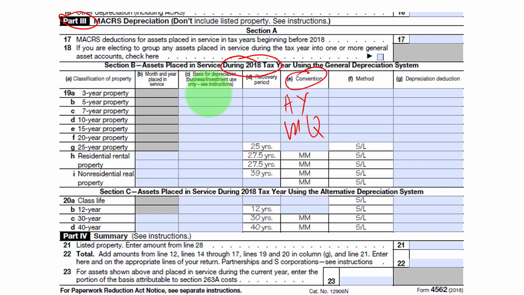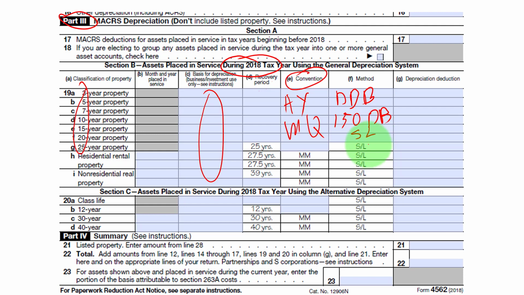You have to indicate the initial basis here, and then the recovery period probably will be the same as what you see over here, although the taxpayer can elect to have a longer period in which the asset is depreciated. The method, basically it's going to be the double declining balance method, or they can choose the 150% declining balance method, or they can choose the straight line method.